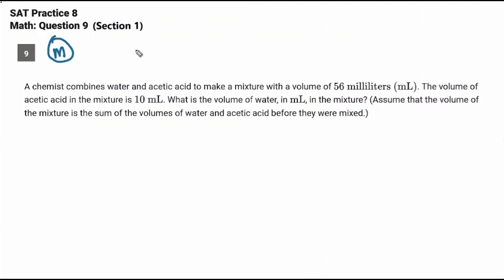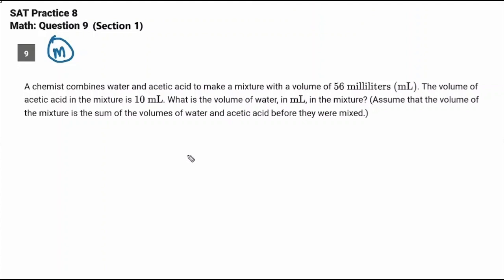A chemist combines water and acetic acid to make a mixture with a volume of 56 milliliters. The volume of the acetic acid in the mixture is 10 milliliters. What is the volume of water in milliliters in the mixture? Assume that the volume of the mixture is the sum of the volumes of water and acetic acid before they were mixed.